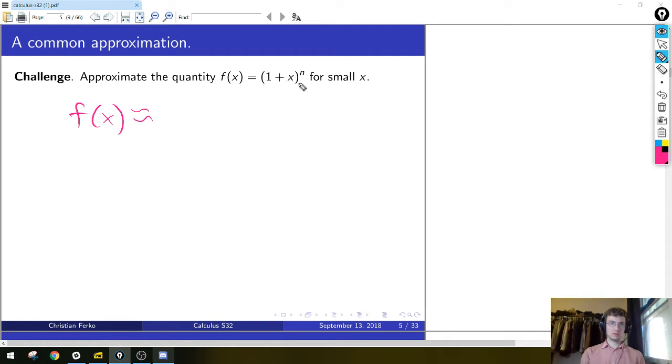By the chain rule, this is n times (1 plus x) to the power of n minus 1. But remember, we evaluated at 1 plus 0 to the power of n minus 1. What else?